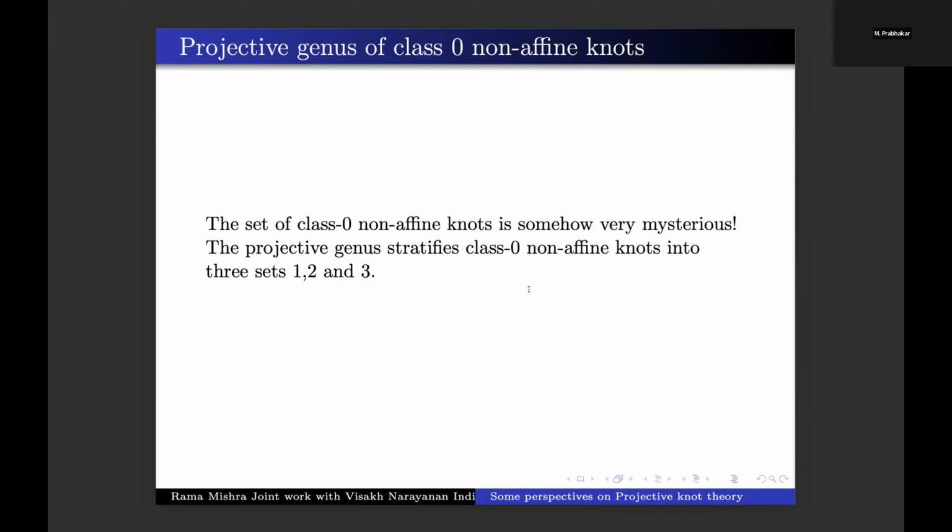Any questions? It would be interesting to know about cobordism of knots in RP3. Right, I have been thinking about it. Only last night I was thinking about developing cobordism theory, and also the polynomial invariants, developing a Jones-Witten theory.